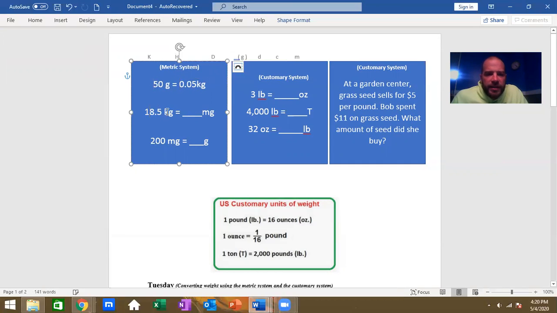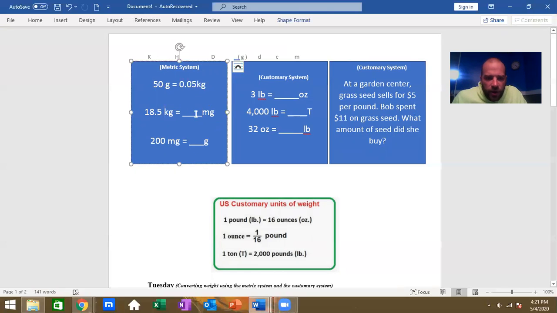Let's go to 18 kilograms to milligrams. So we have kilo, we have milli. Ooh, we are going all the way across the board. So we are going right 1, 2, 3, 4, 5, 6. That's going to make it a lot larger because milligrams are such a teeny tiny thing. So when I go right here, I still have 5 more to go.